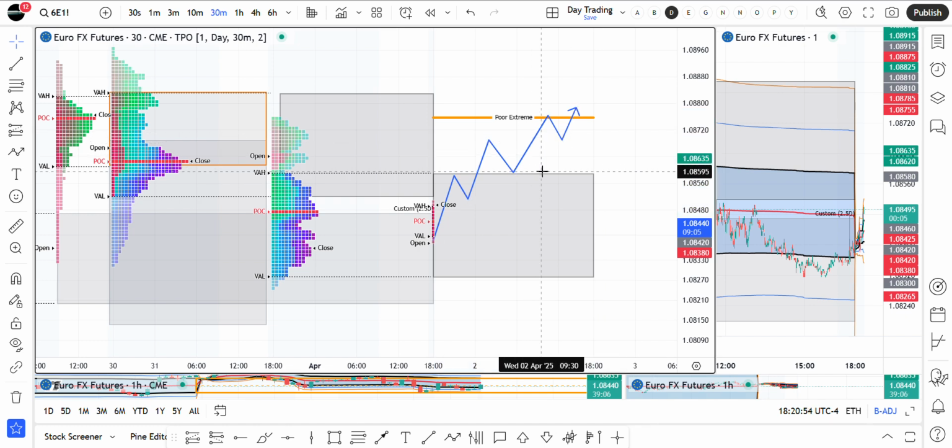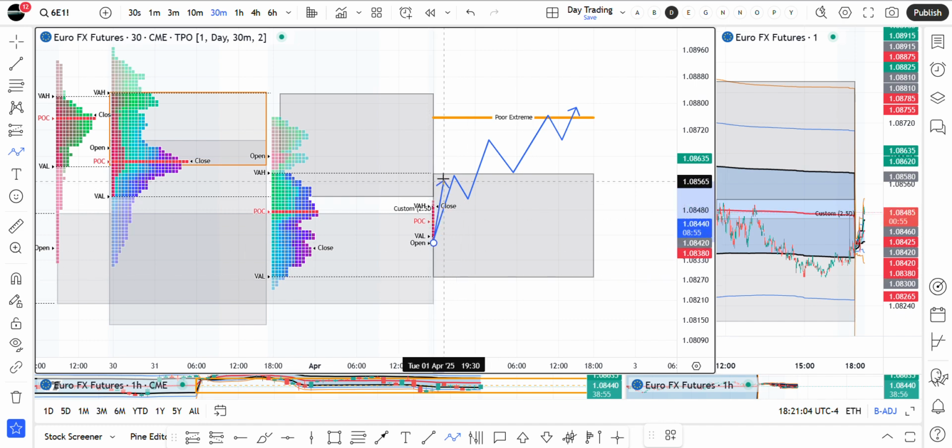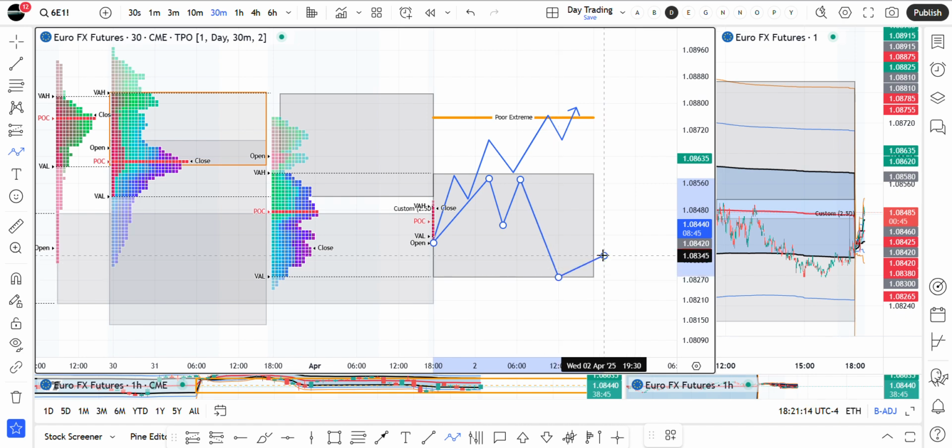First idea, second idea, actually this should be the first idea, something like that.